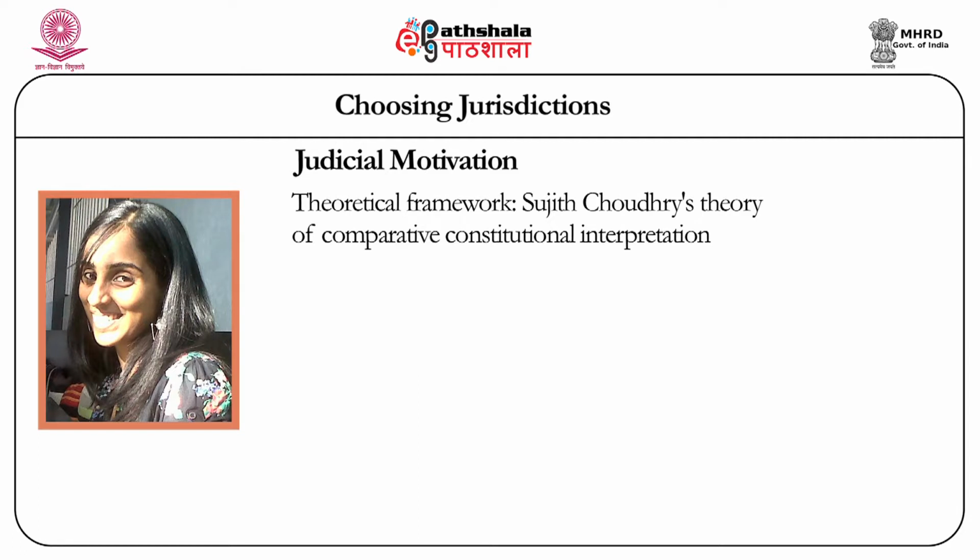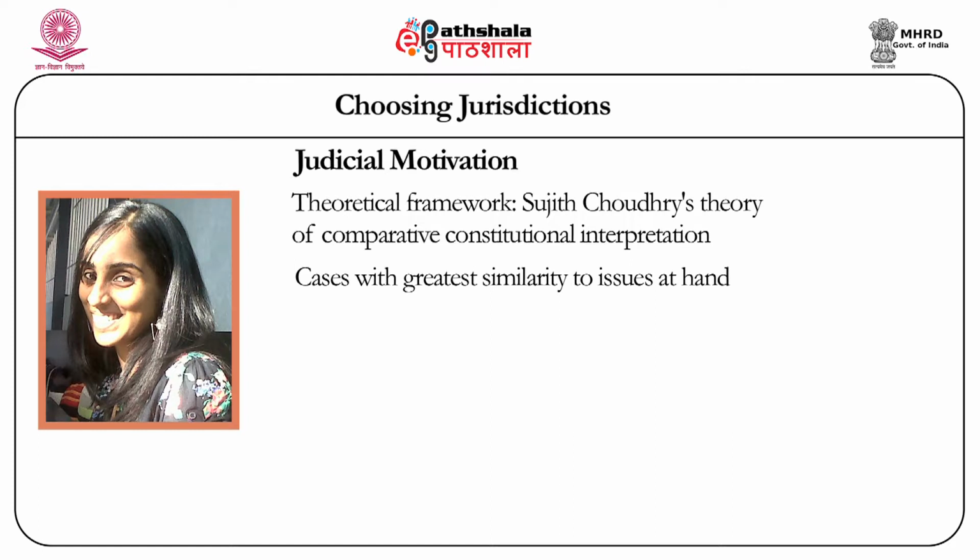So, now that we've understood what judicial motivation means, there are three different ways in which judges might proceed. The first and the most logical one seems to be that they would pick cases in which similar issues were at hand, either theoretically or practically addressing the same issue.